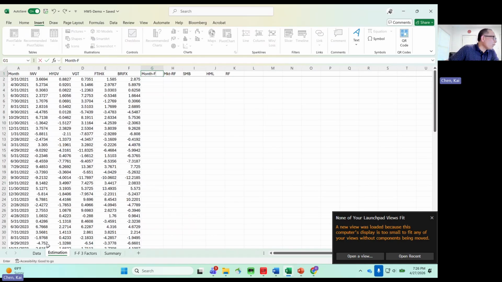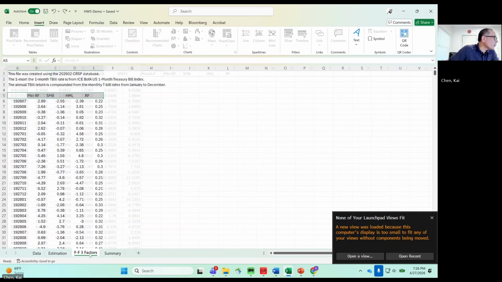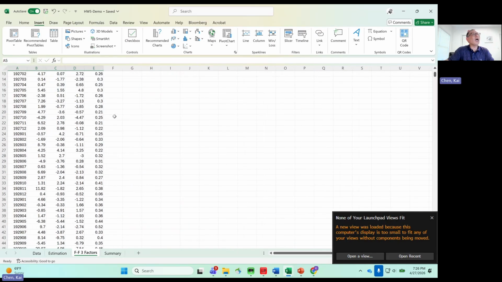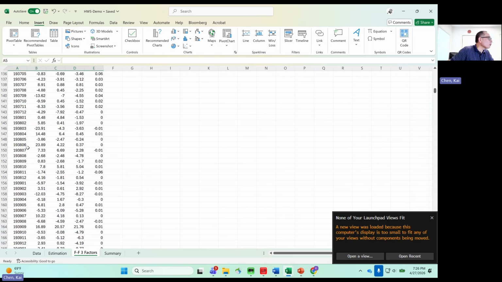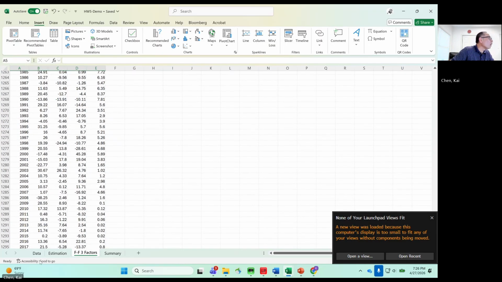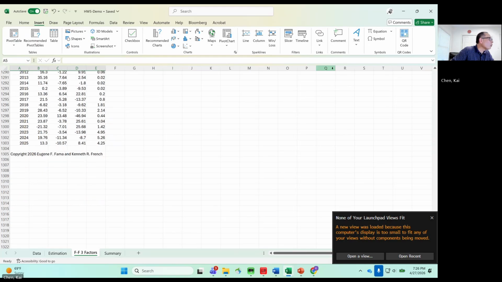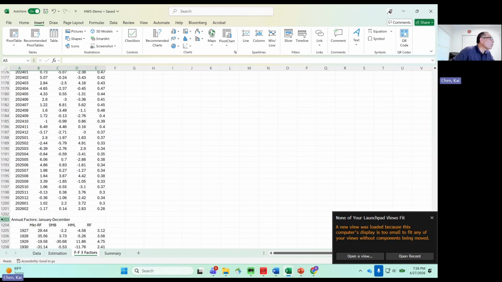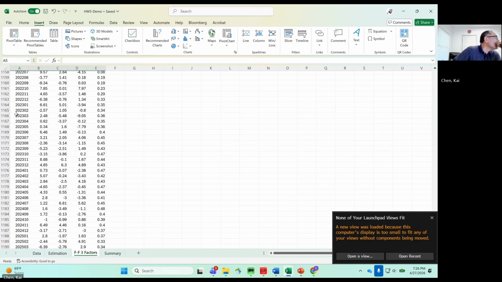Now go back to the French data. I want my data sample period to be from March 2021 to February 2026, right? So I'm going to search March 2021, this one, right?